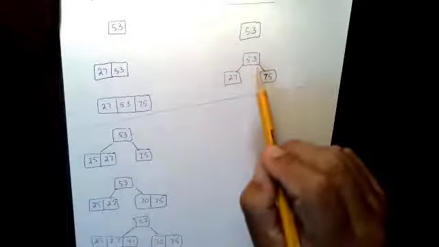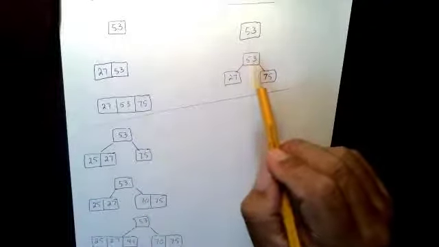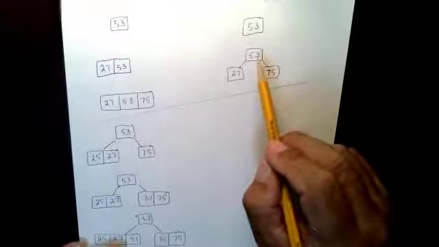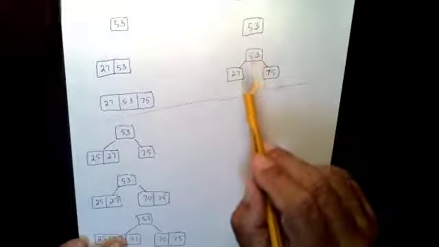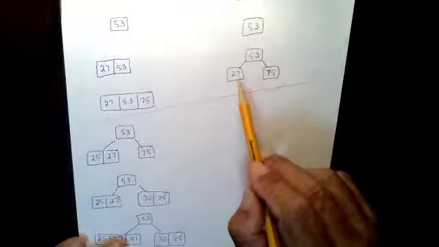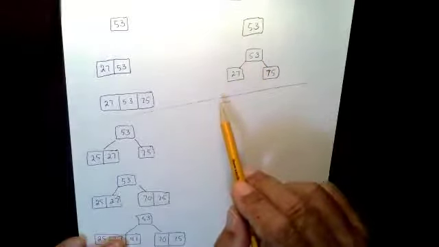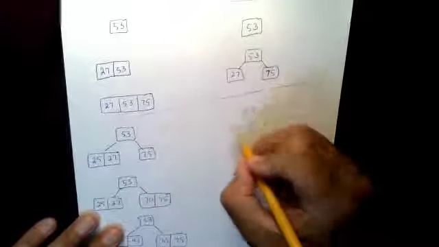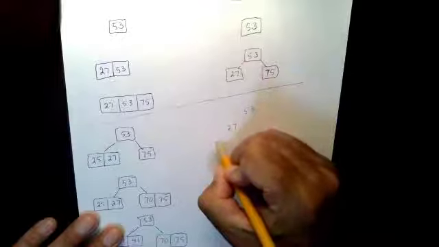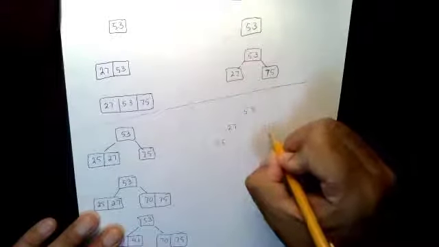All right, so the next number I add is 25. So now I need to start really putting some thought into this. It's a binary tree. So I'm going to be going left and right of 53, and I need to see what's going to happen here. 25 is going to go to the left here, and 75 to the right here. So if I start writing this, I get 53, 27, 25, and 75.